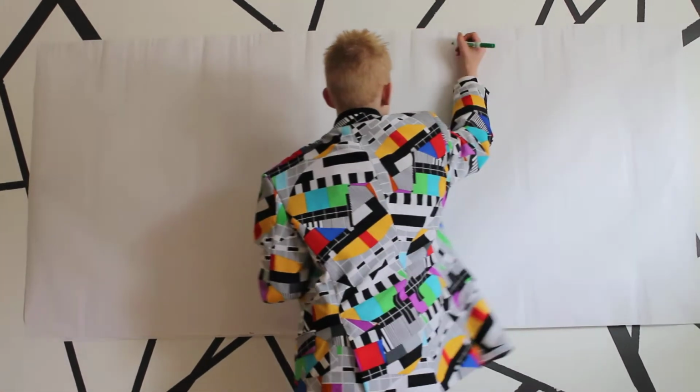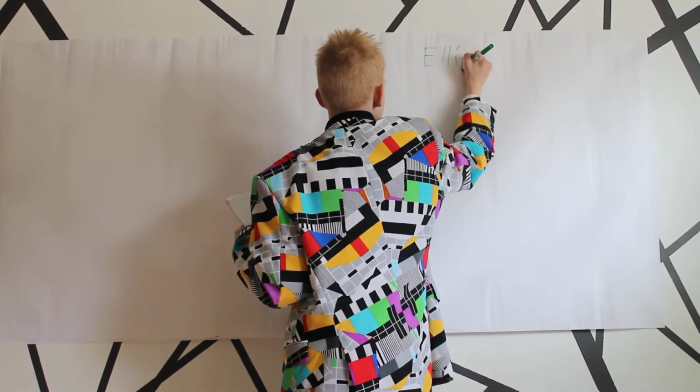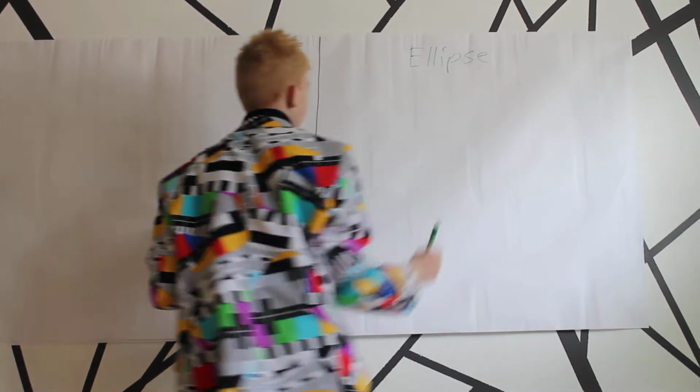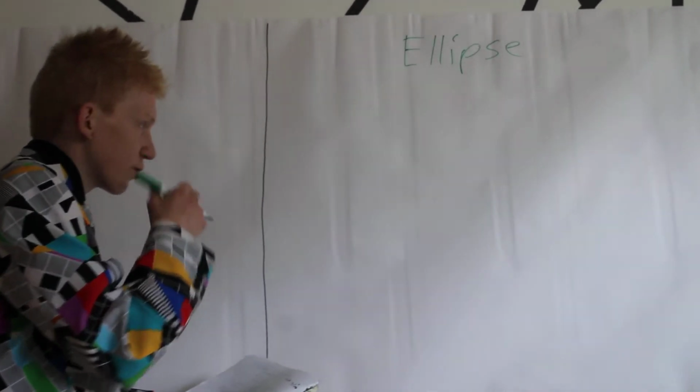Now let's move on to the ellipse. There are two different types of parent functions for an ellipse.